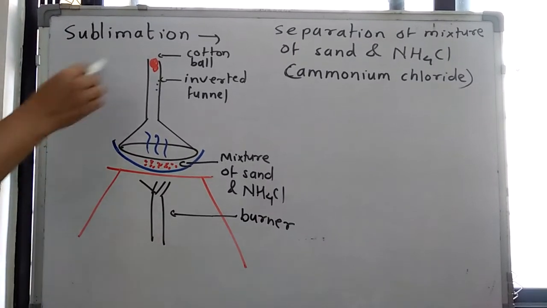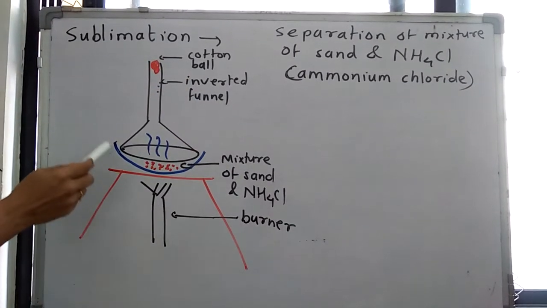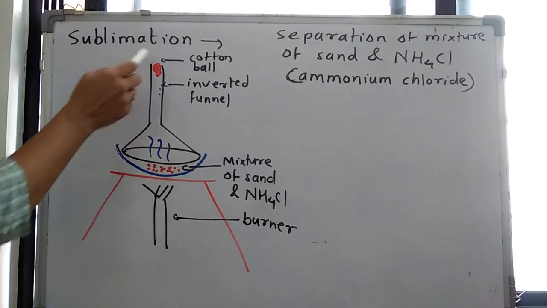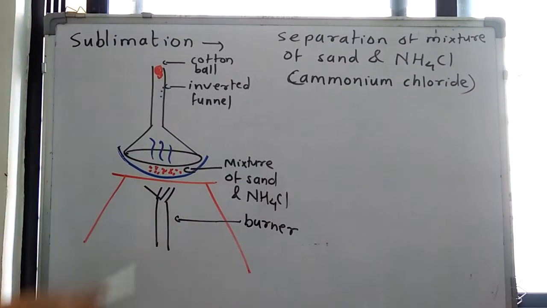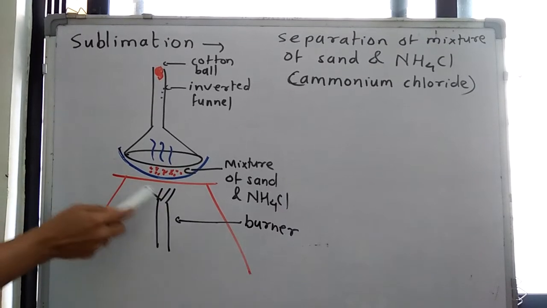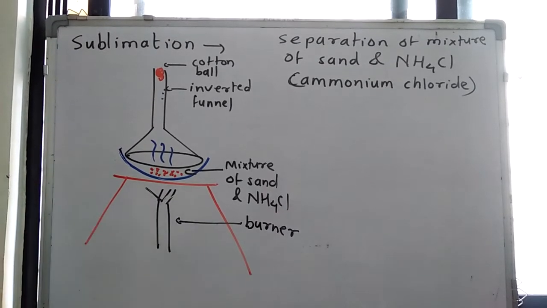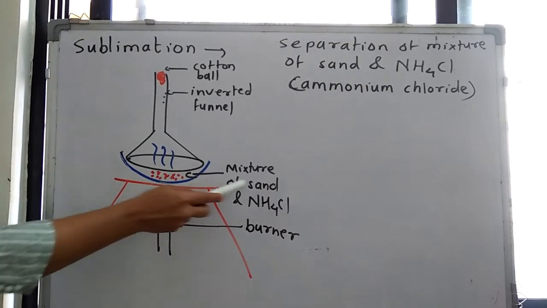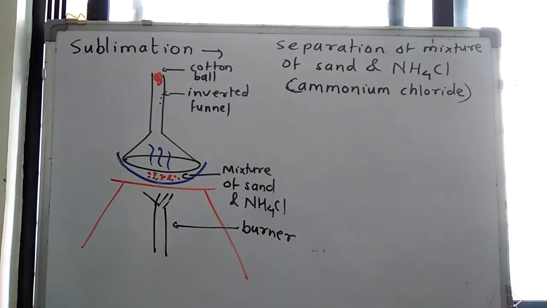For the sublimation, this is the setup. Here we have the china dish, and here we have an inverted funnel. Here we have a cotton ball, and here is the stand, and we are providing heat through the burner. In the dish we have taken a mixture of sand and ammonium chloride.